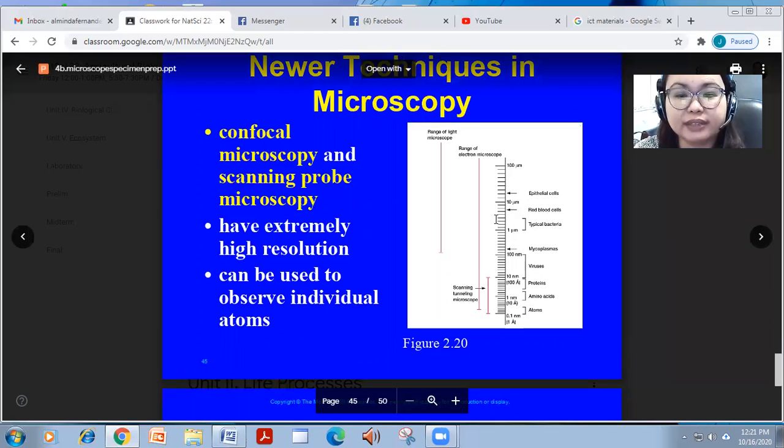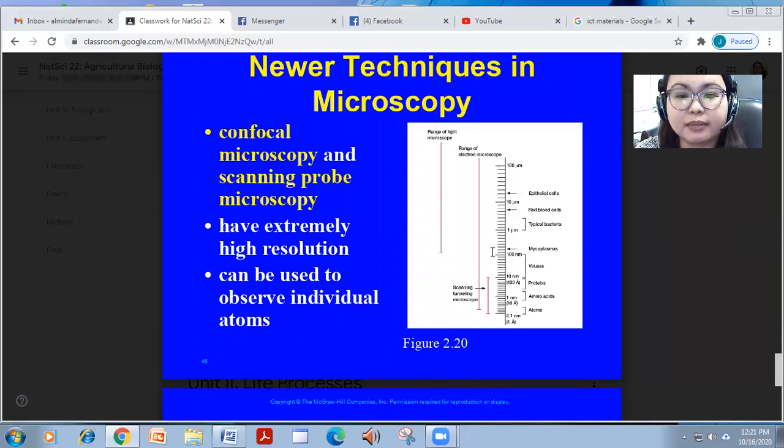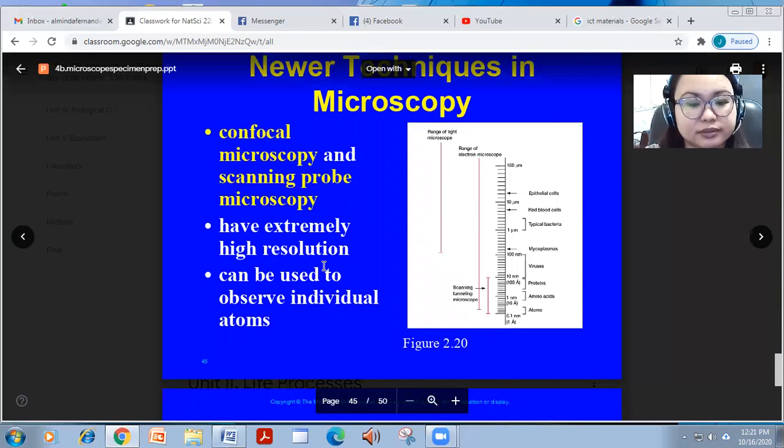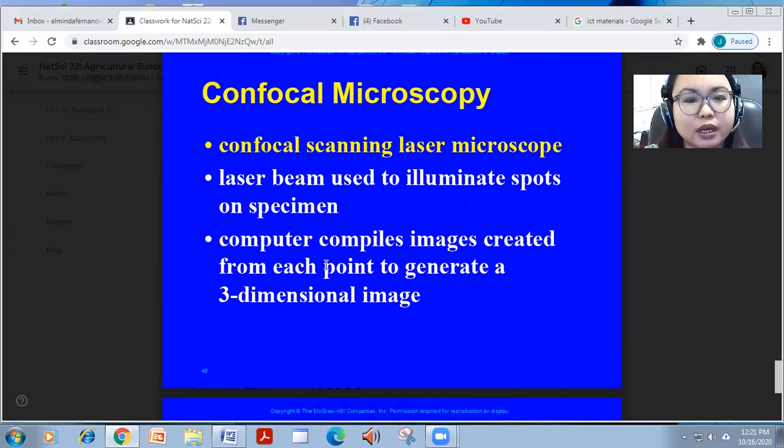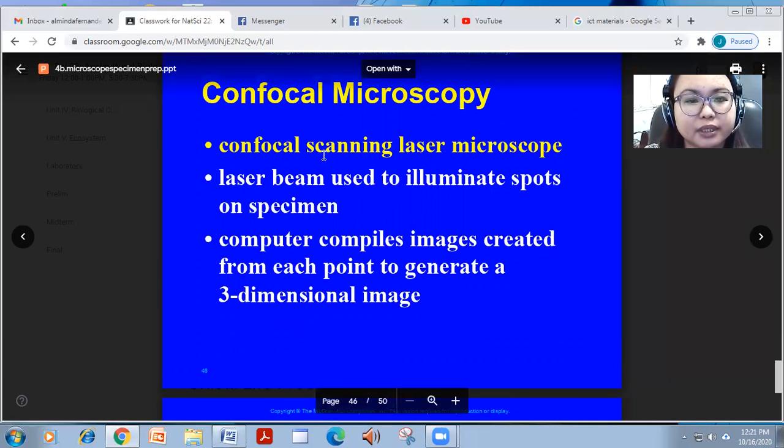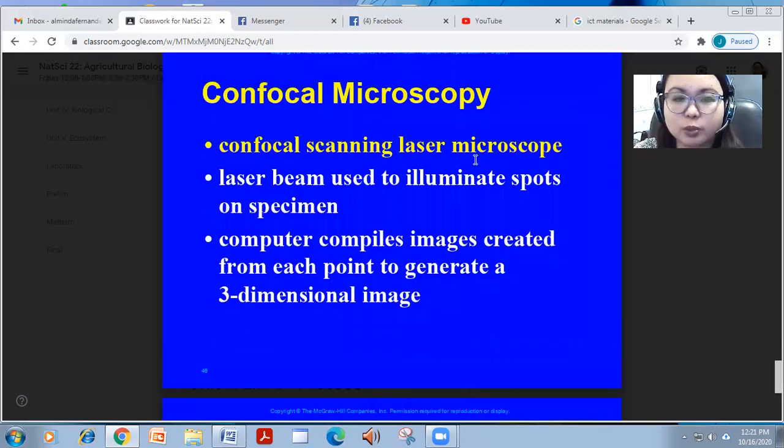So previously I have discussed to you here that under the light microscope, only mycoplasmas can be seen. But with using electron microscope, they can already identify atoms, no?